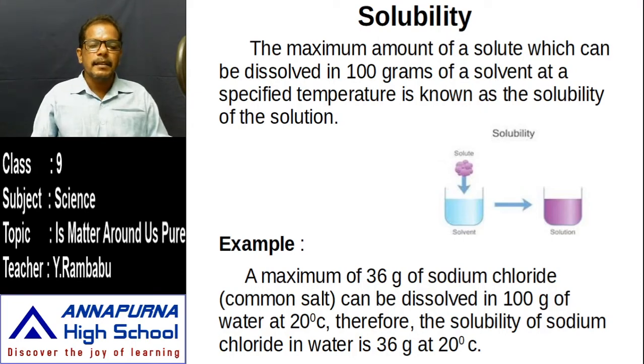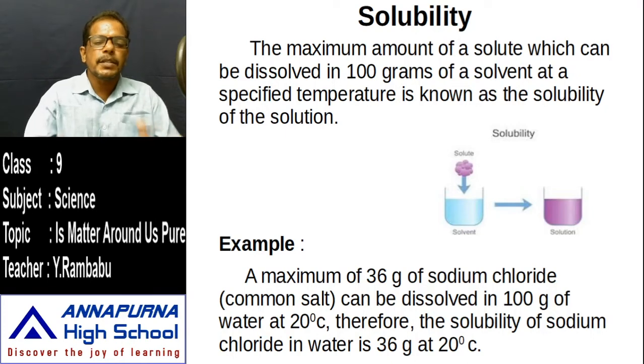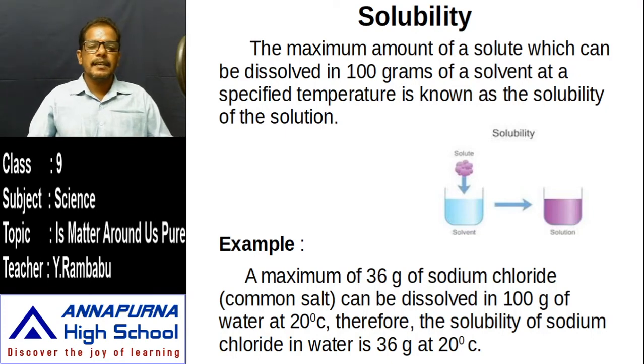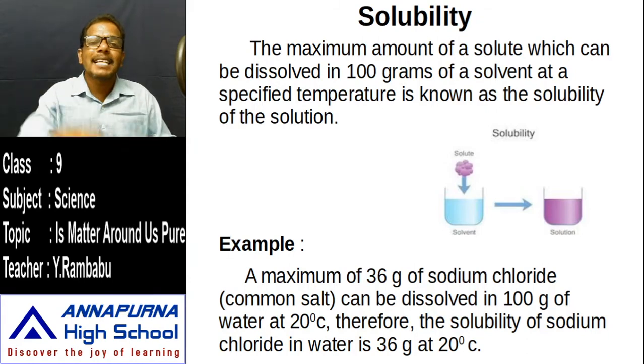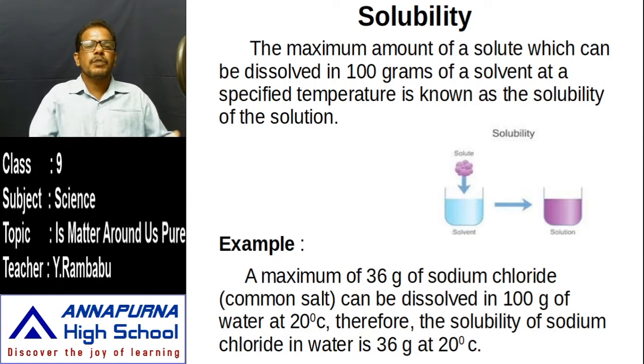In the same manner, on adding a solute to a solvent, at a stage some solid undissolved component remains. That means it is saturated, its solubility is completed. At that stage, the maximum amount of solute present in a unit volume of solvent, say 100 grams, at the specified temperature, that is called its solubility.